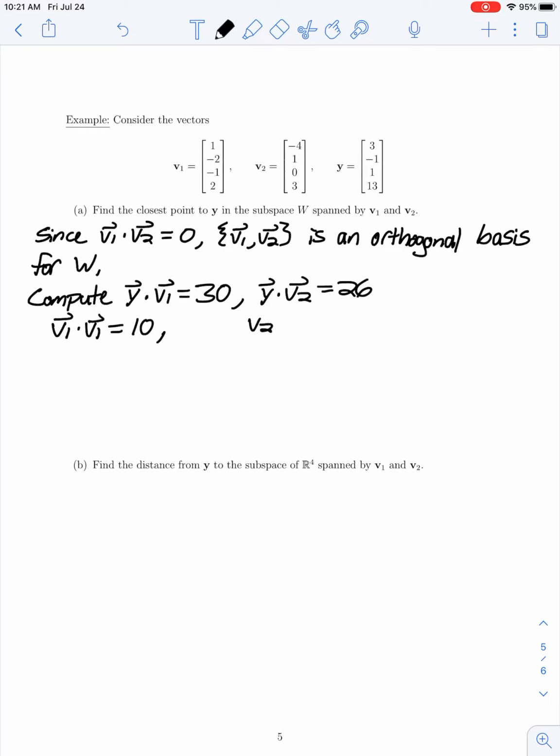And the dot product of v2 with itself is 16 plus 1 plus 0 plus 9, which is 26.